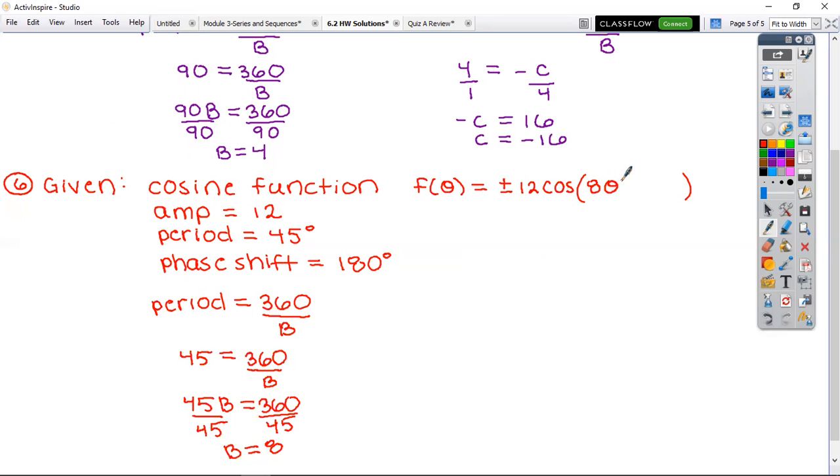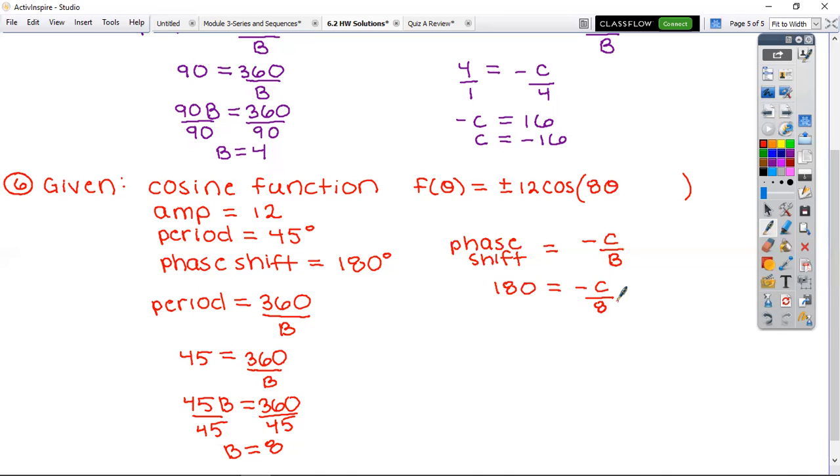And then last, I need to work with phase shift again. I'm going to say phase shift is equal to negative c divided by b. What do we have here? 180 degrees is equal to negative c, and we just found the frequency was 8.